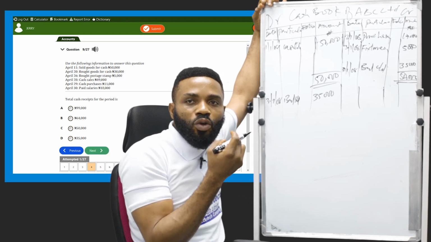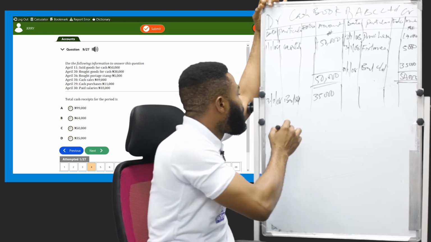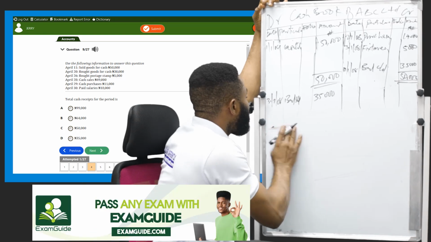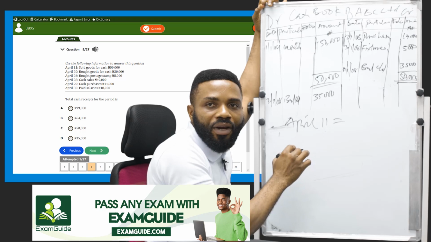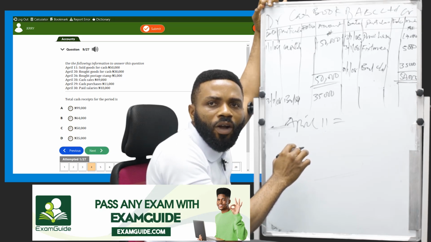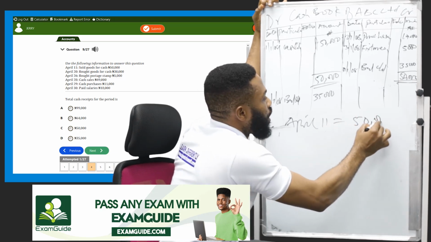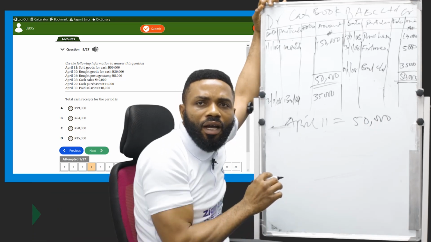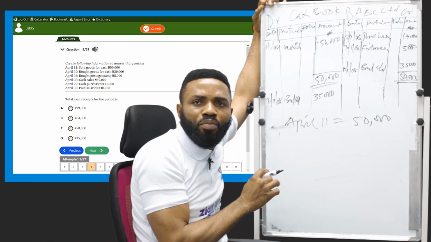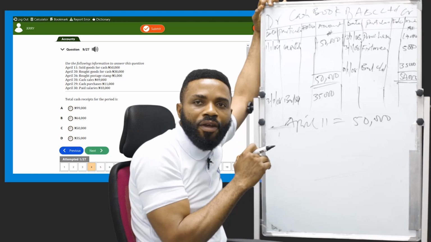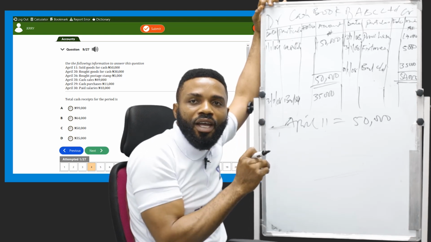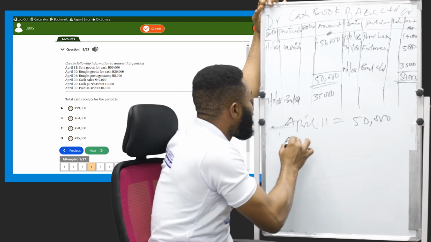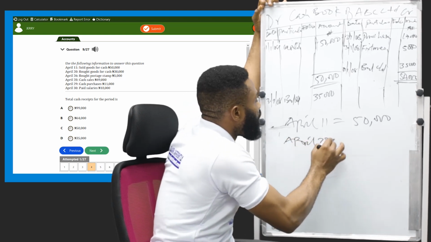Just pick out the transactions that brought money into the business. And the first one, it says sold goods. The first one is April 11. Just mark them. What happened on April 11? Well, sold goods for cash. That's 50,000. And then what again? April 20th, bought goods. That one took money away. April 26th, bought postage stamp. That one took money away. April 28.